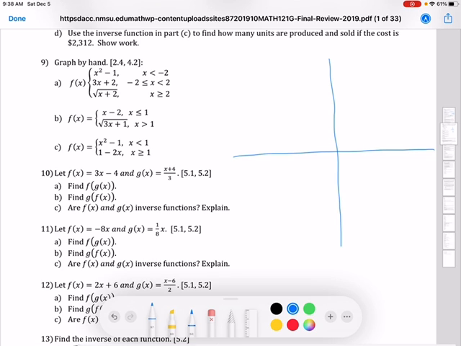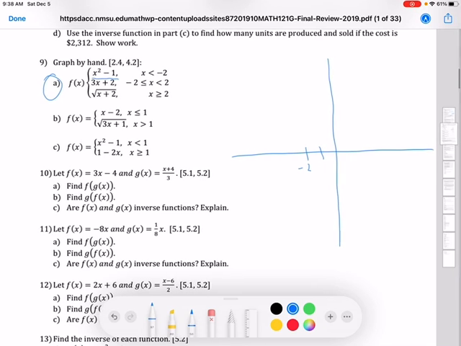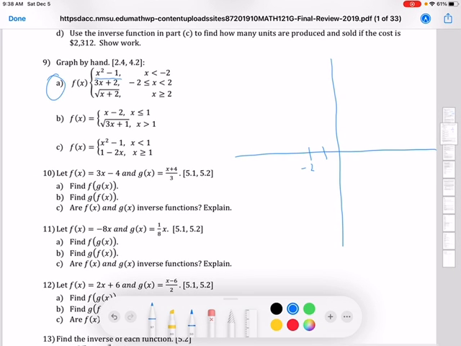I'm going to graph a. So first, for x's that are less than -2. That's -2. I should see this graph right here, okay? I shouldn't see the entire graph, only for values that are -2 and everything to the left of that.